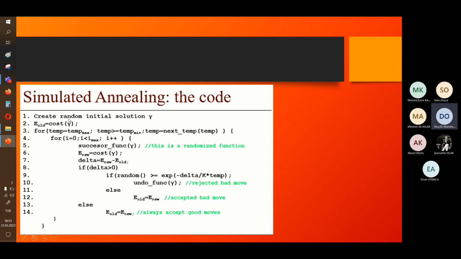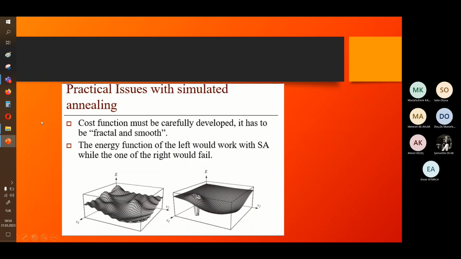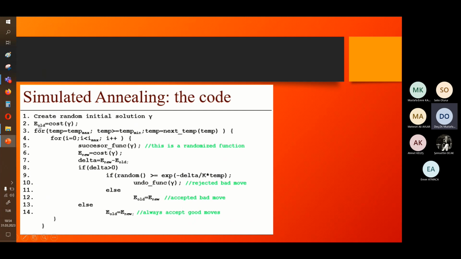So we will create a random solution. Then we will calculate the cost, and we will assign it to the current solution's fitness value. Then in a loop we will start the temperature from temperature max down to the minimum value, temperature min, with a function of temperature. It could be a linear cooling procedure, or a fast cooling procedure, depending on the cooling function you are using.